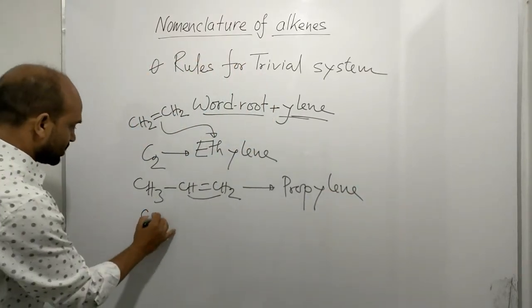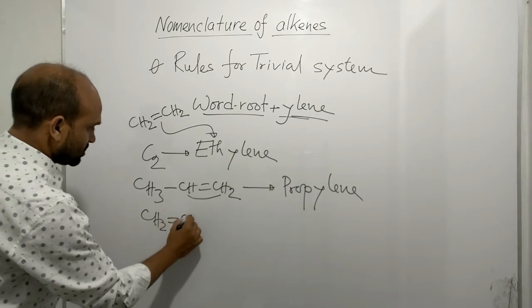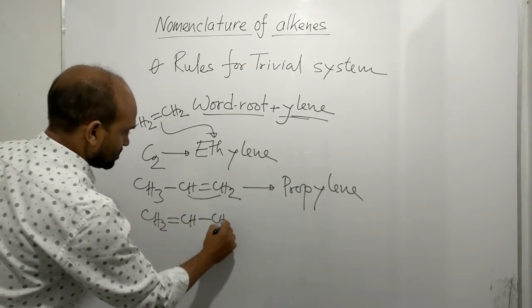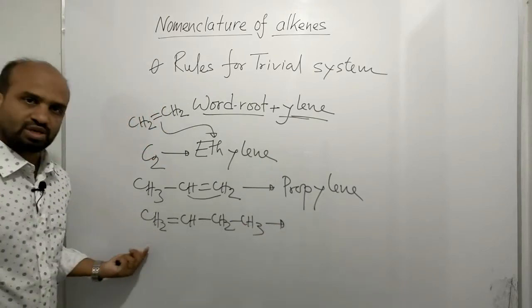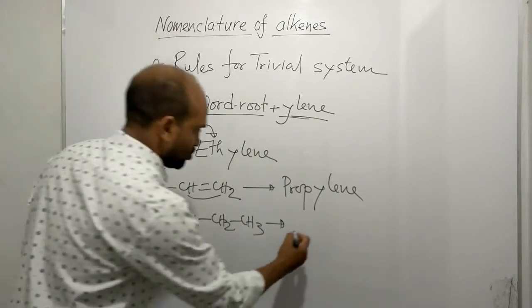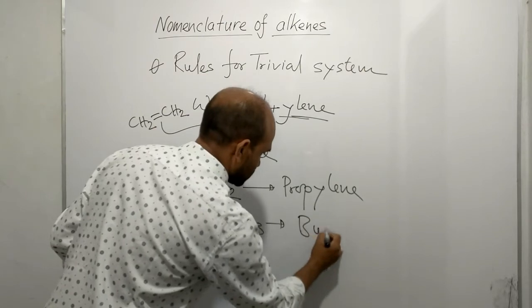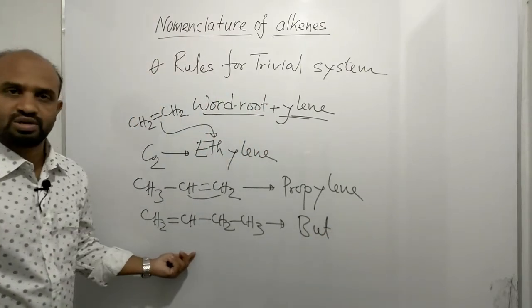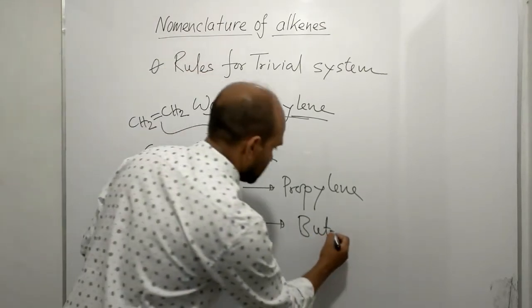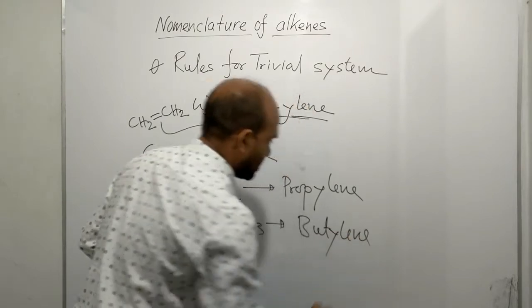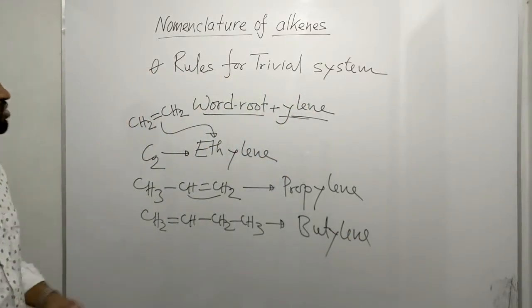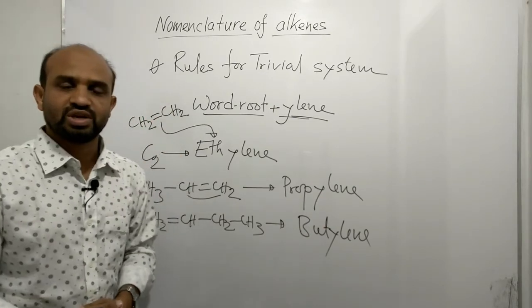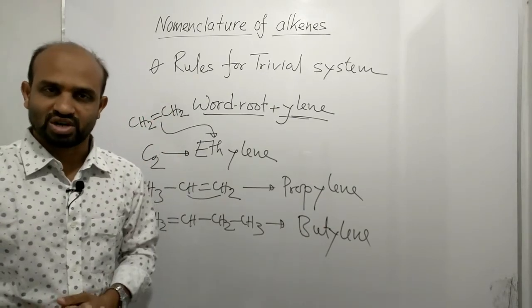Similarly, another compound, let's see, CH2=CH-CH2-CH3. Here there are 4 carbon atoms. So what is the word root? But. And what is the suffix here? Ylene. So its name will be butylene. This is all about rules for the trivial system to name the organic compounds.